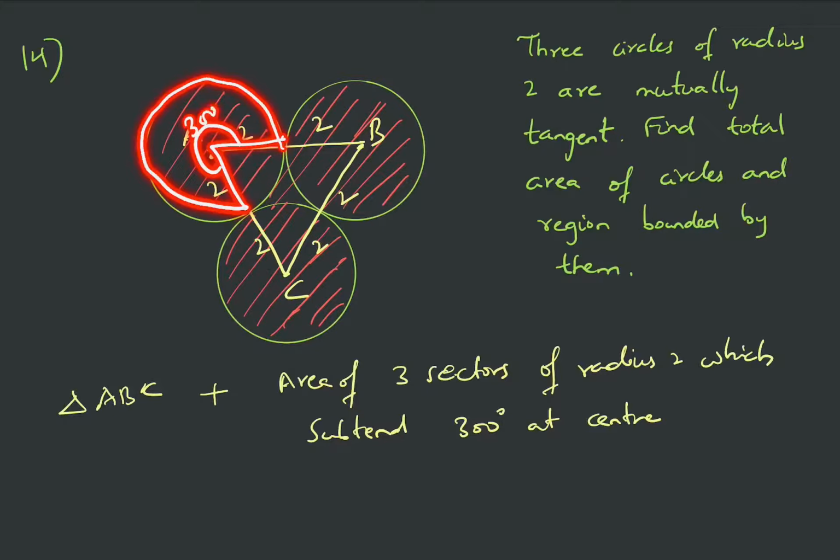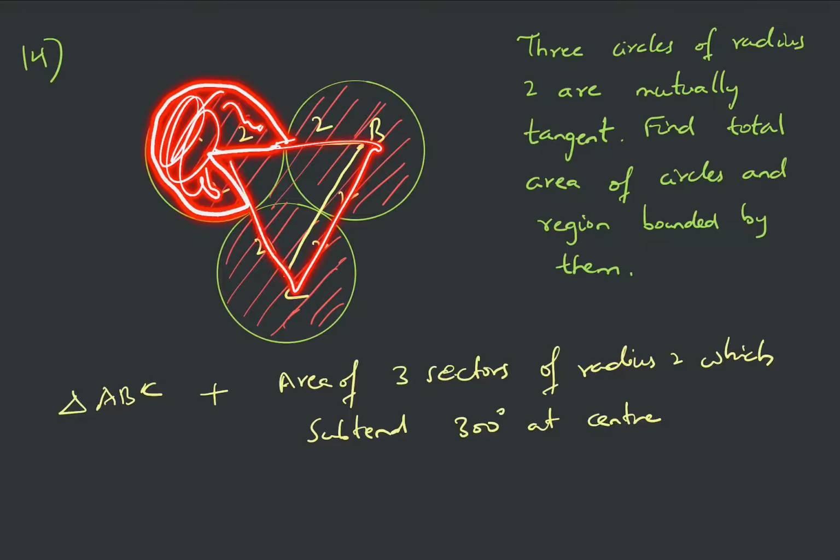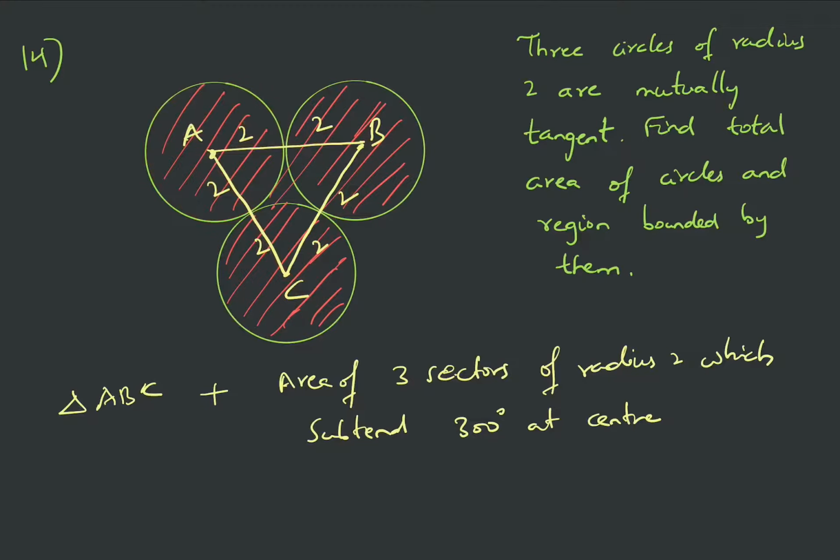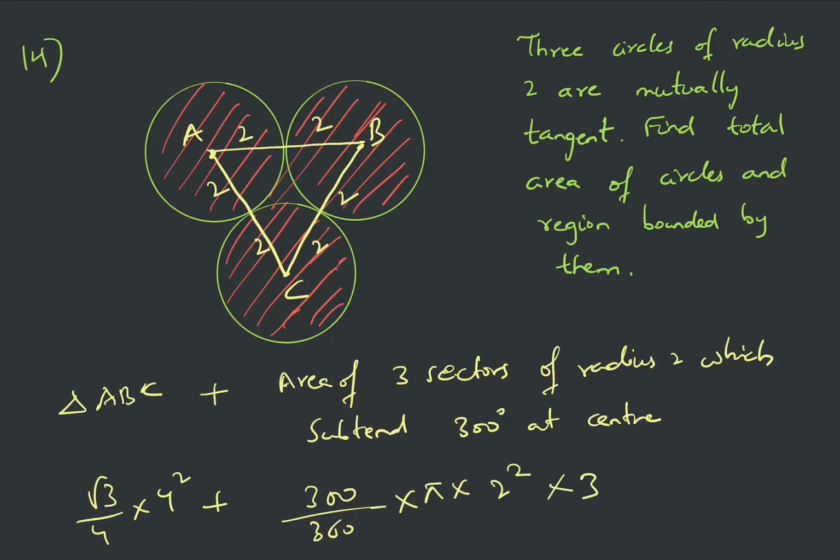So this is subtending 300 degrees because this is 60. So you can find out this entire area, right? And you just multiply it by 3 and you add the area of the equilateral triangle. So the area of the equilateral triangle is root 3 by 4 into 4 square, plus 300 by 360 into pi into 2 square into 3. Okay, so this is 5/6. So this will be your required answer.